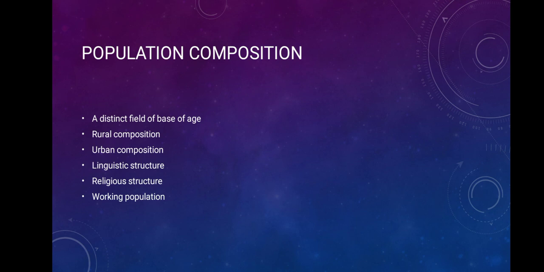And approximately, as we have discussed, near about 60% of people work in the primary sector, while near about 20% work in the secondary sector and about 18% in the tertiary sector. There is a big difference in population, especially in the field of gender distribution.